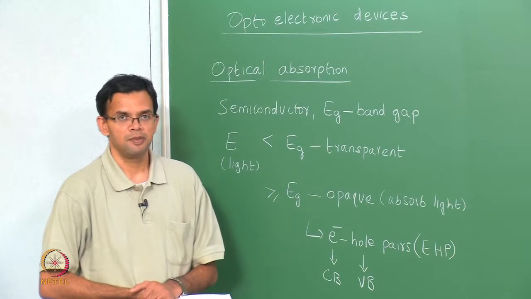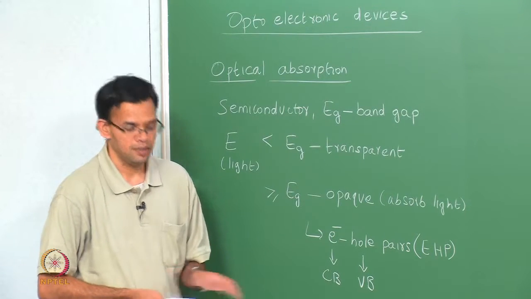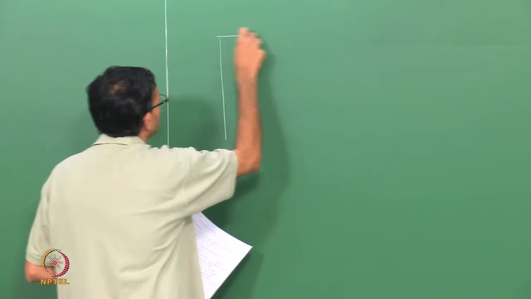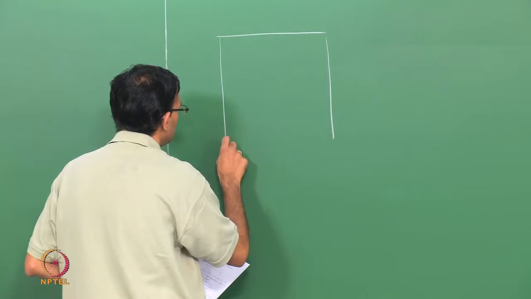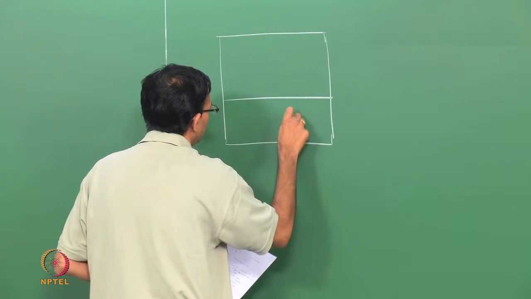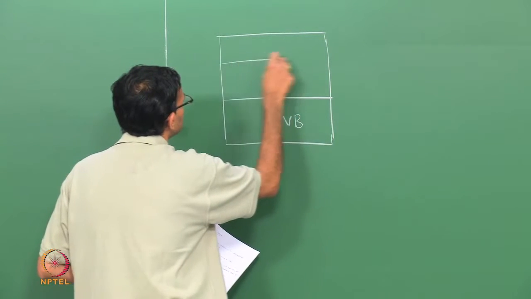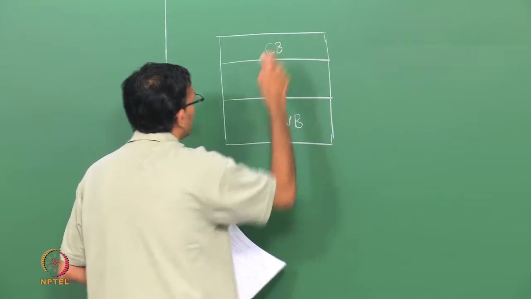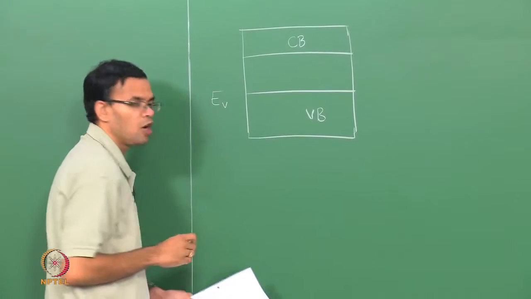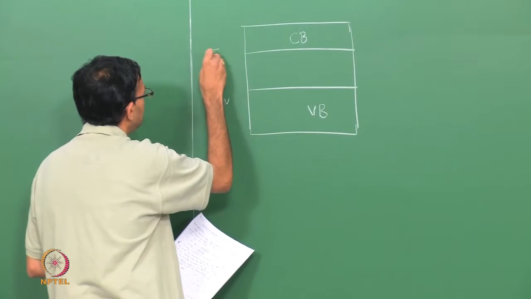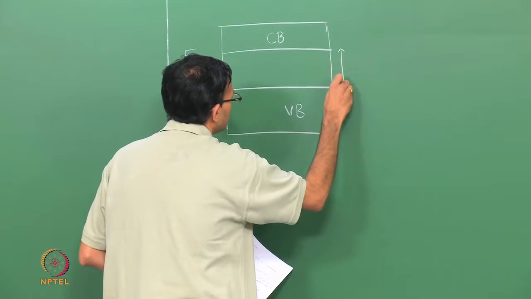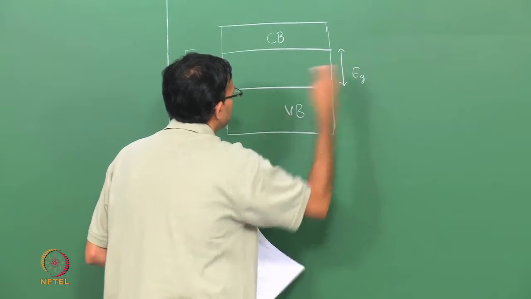Let me just explain this by drawing a small schematic. I have my semiconductor in which I mark a valence band and a conduction band. EV is the top of the valence band and EC is the bottom of the conduction band, so that this gap is EG.